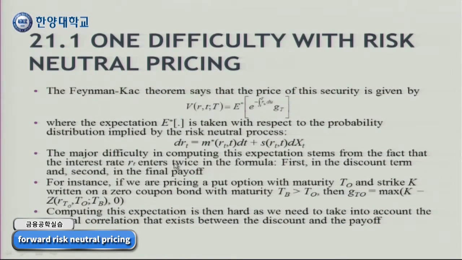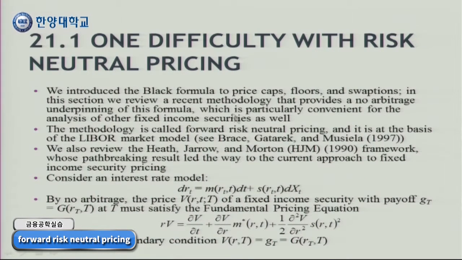But anyway, the major difficulty in computing this expectation stems from the fact that the interest rates enter twice in the formula, inside of this expectation. First in the discount term, this one. And second is the final payoff, possibly, if GT is a function of interest rate at terminal rate. So it is possibly a function of interest rate.